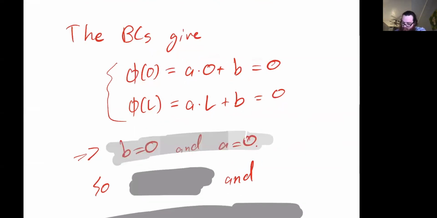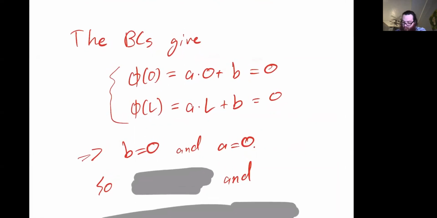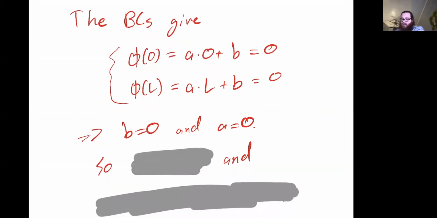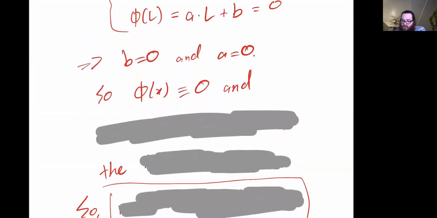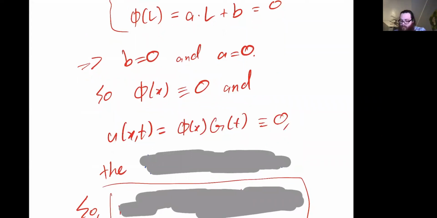Taken together, these tell us that B and A are both 0. B is 0 comes from here, and this becomes A times L equals 0. We want L to be non-zero because we want the rod to actually have some length. So B and A are both 0, and the spatial piece phi has to be identically 0.